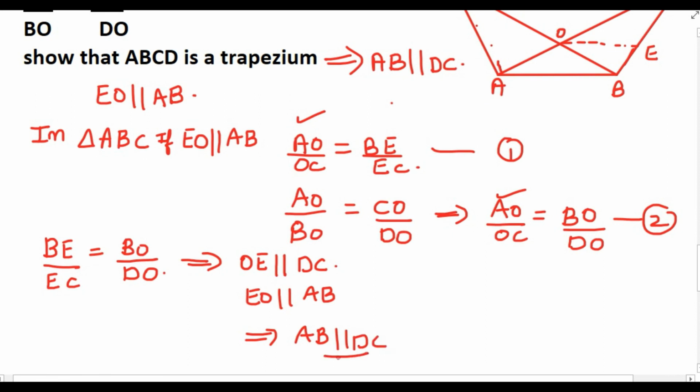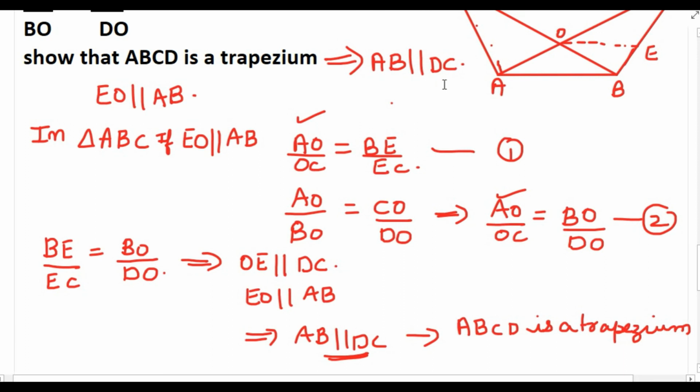This is what we need to prove. So we can say that ABCD is a trapezium. Trapezium means it is a quadrilateral in which one pair of sides is parallel.